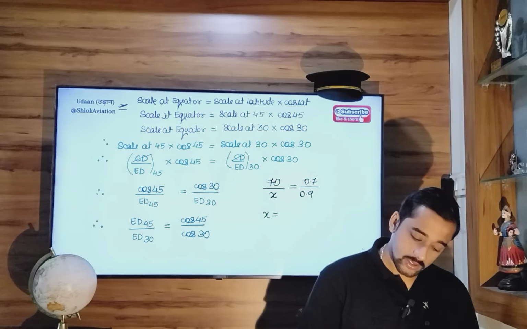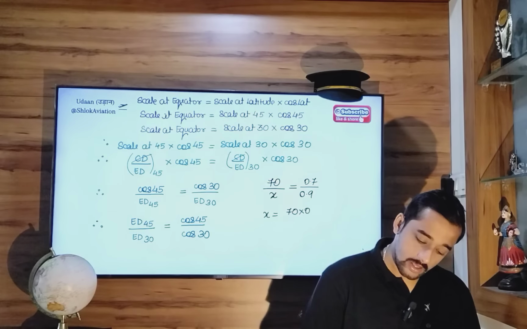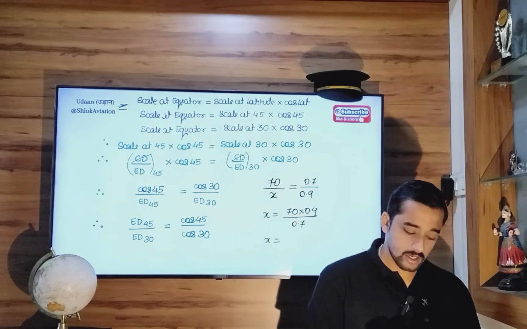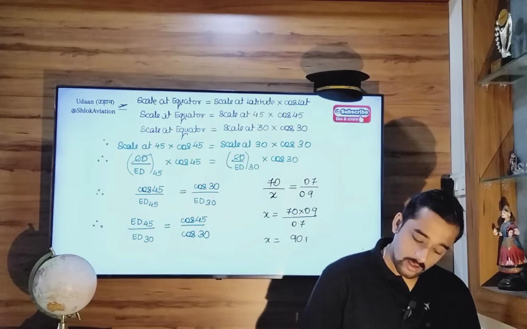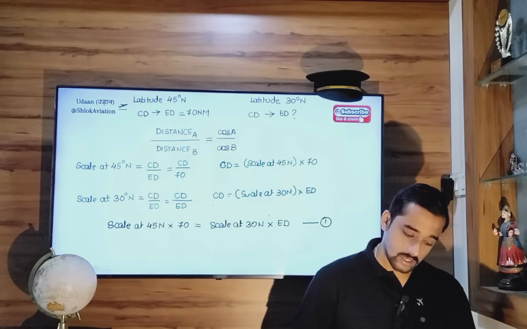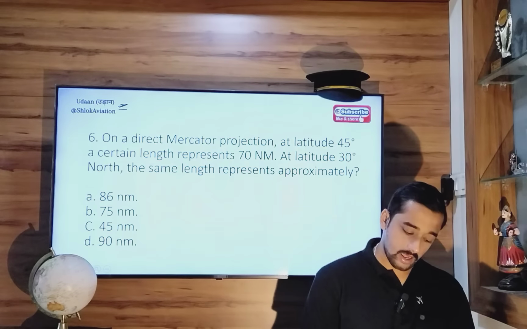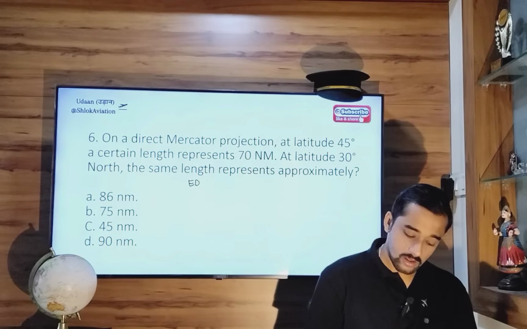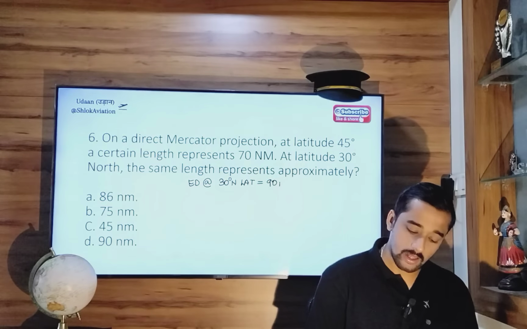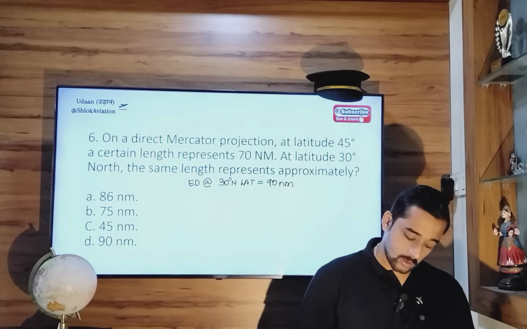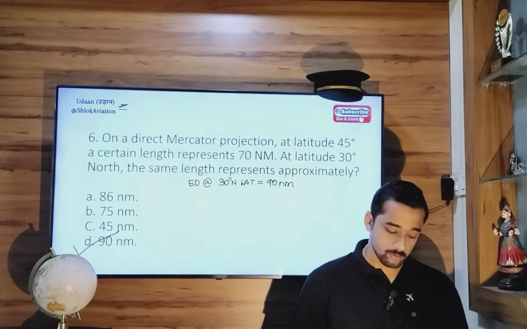So x equals 70 into 0.9 divided by 0.7, which is 90. So earth distance at 30 degree north latitude is equal to 90 nautical miles. So correct option is delta. Simple. Next.